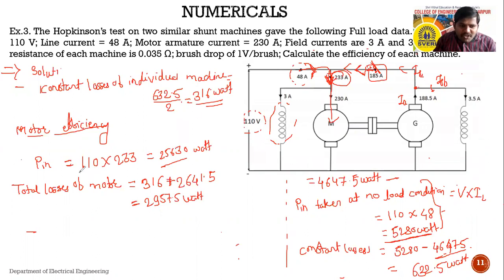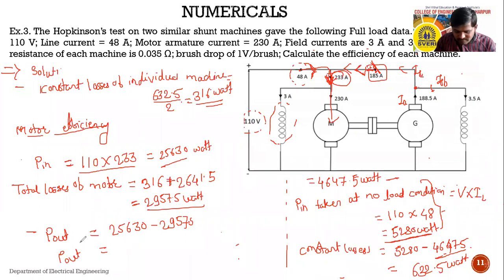Now we know the input power, we know the total losses. We are able to calculate the output power, that is P out of the motor. Output power of the motor, it is equals to input 25,630 minus losses of the motor 2957.5. किती येते P out, output power?